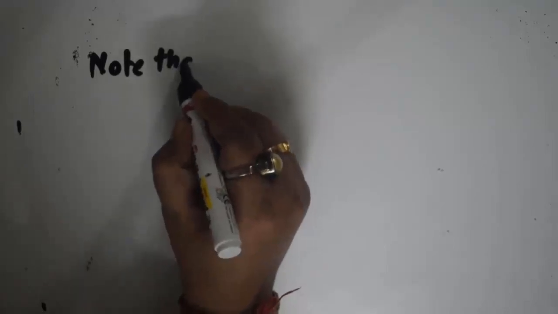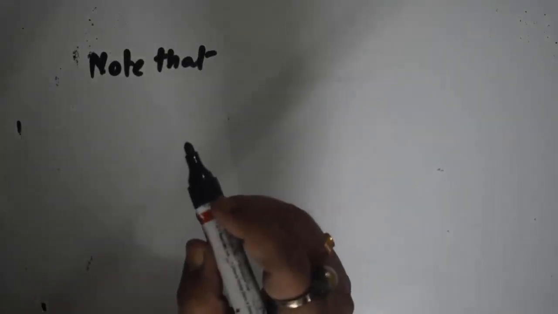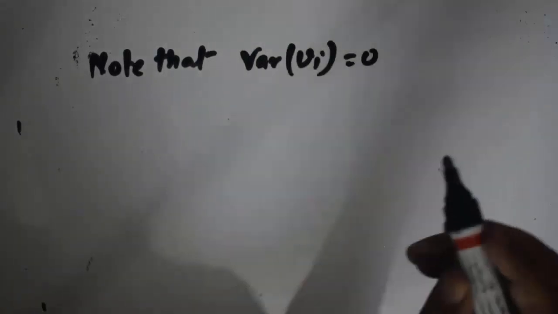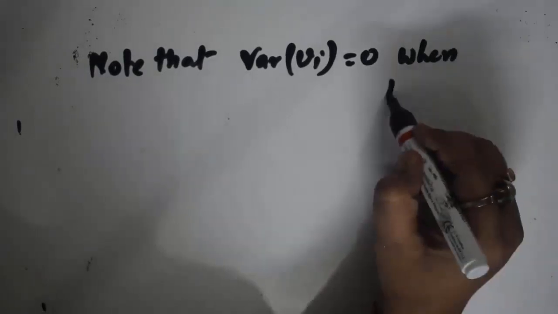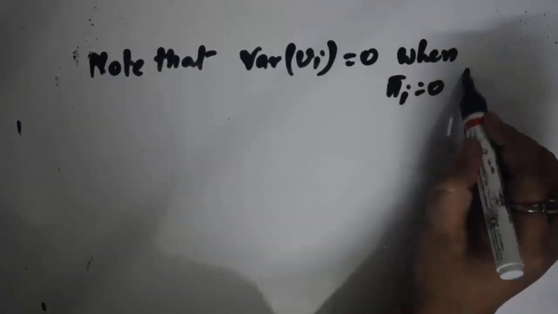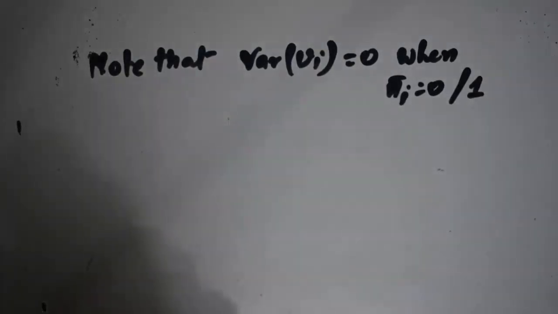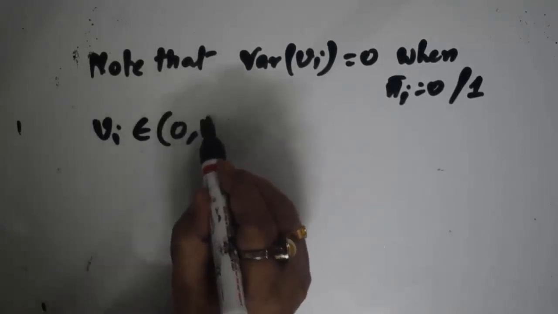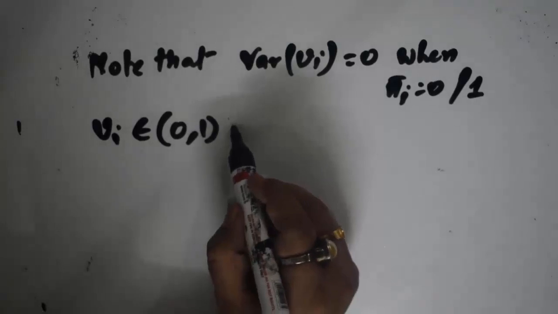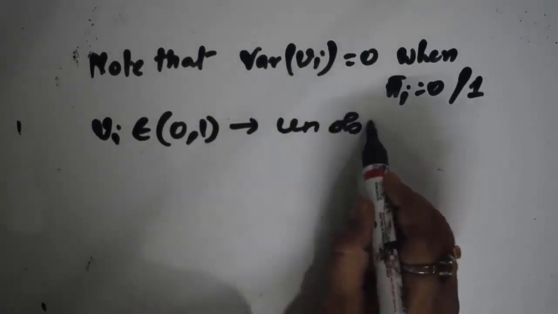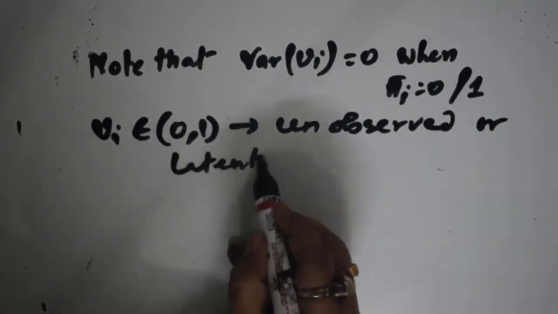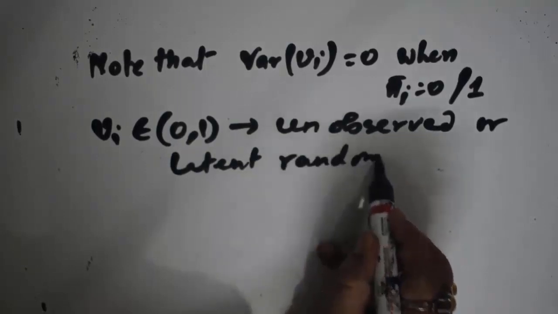Note that the variance of vi is equal to 0 when pi i is equal to 0 or 1. So vi, belonging to the open interval 0 to 1, is an unobserved or latent random variable.